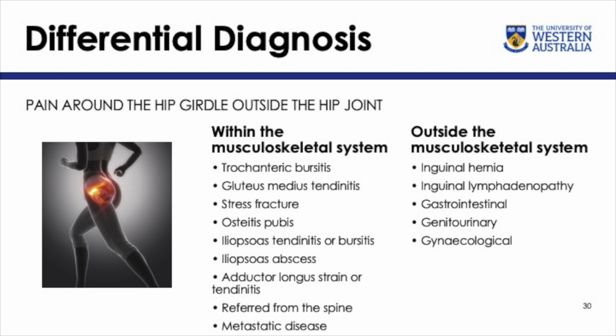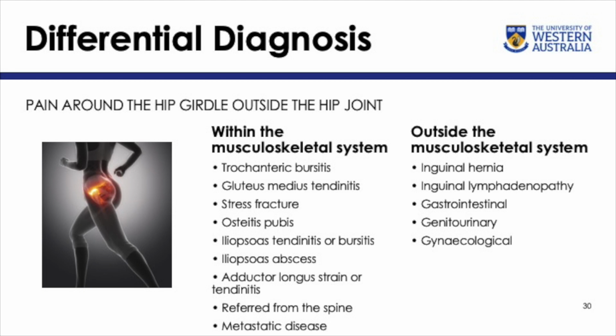Another way to think about pain around the hip girdle but outside the hip joint is whether it is within the musculoskeletal system or outside the musculoskeletal system. Within the musculoskeletal system, we need to think about trochanteric bursitis, which is often associated with gluteus medius or minimus tendon problems.